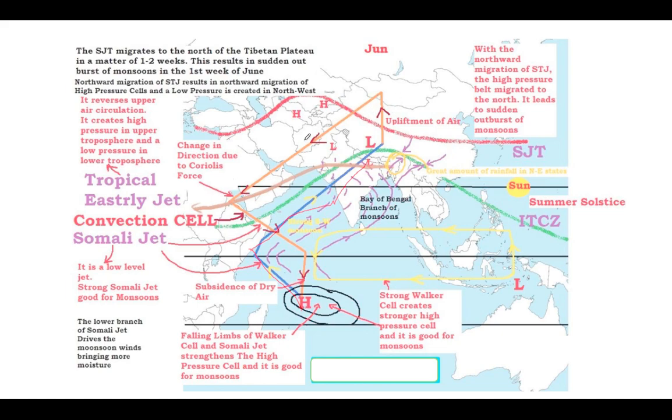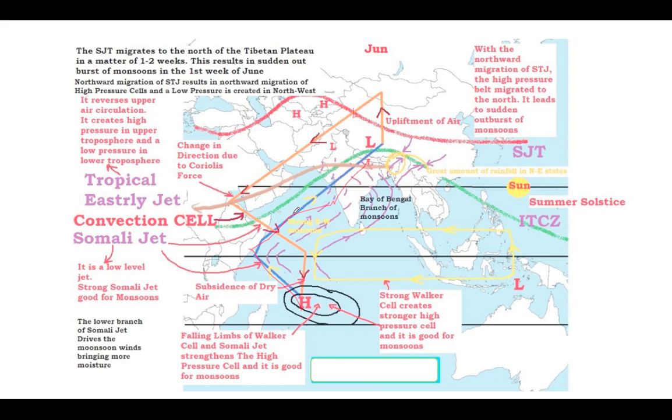The upper part of this cell is called the tropical easterly jet. Point to be noted here is the upper part of this cell is called the tropical easterly jet, while the lower level movement on the surface, just on the surface, is called the Somali Jet. And stronger the TE jet, stronger the Somali Jet, better the rainfall.